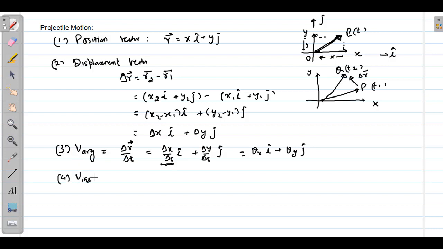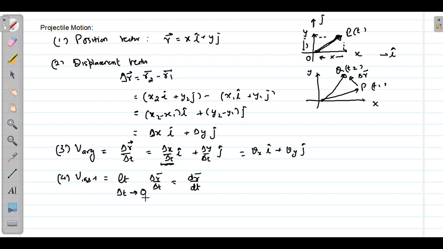After that, we find instantaneous velocity. Instantaneous velocity is the limiting value of the velocity at a particular instant. For that, we take the time interval very short, approaching zero, and then find the ratio delta r by delta t. So actually it becomes dr by dt. This is the differential.